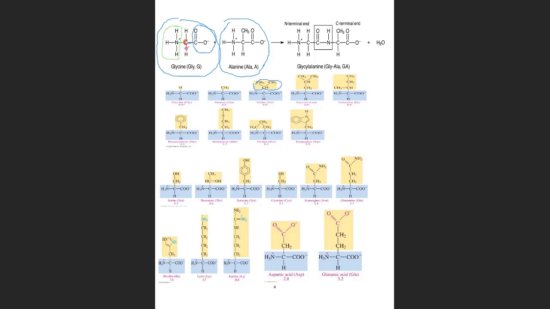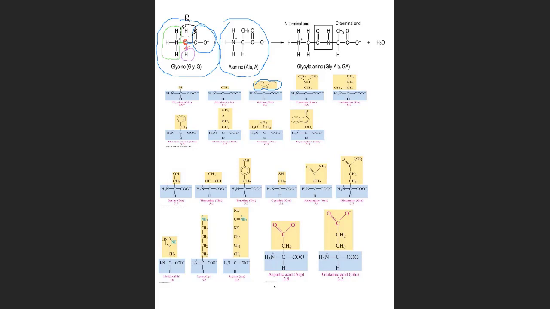In purple, a side chain that is called the R group. In this case, the R group, the side chain in glycine, is hydrogen. Let's pay attention to alanine.